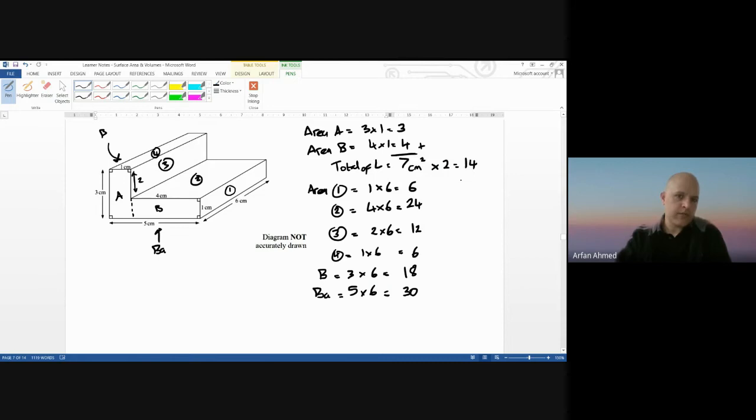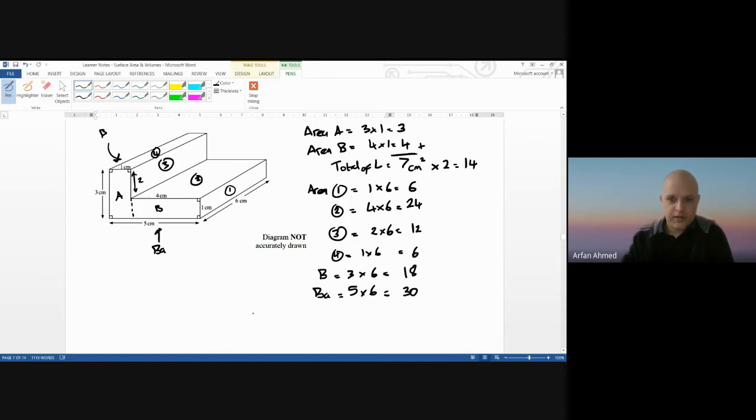Is that all of them? I'm pretty sure that's all of them, isn't it? There is a quicker way, but I just thought I'd do it this way. Let's just work out all the areas separately. Sure, there isn't a quicker way, because obviously the area of the top ones, the ones that are facing up from the top, are going to be the same as the whole of the base. Let's just do it this way.